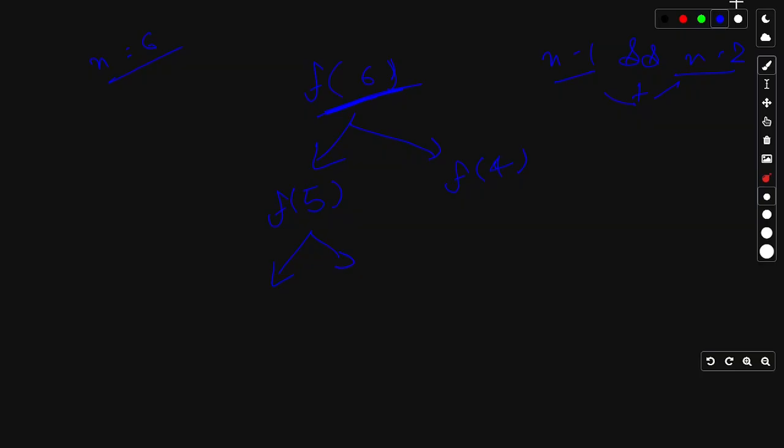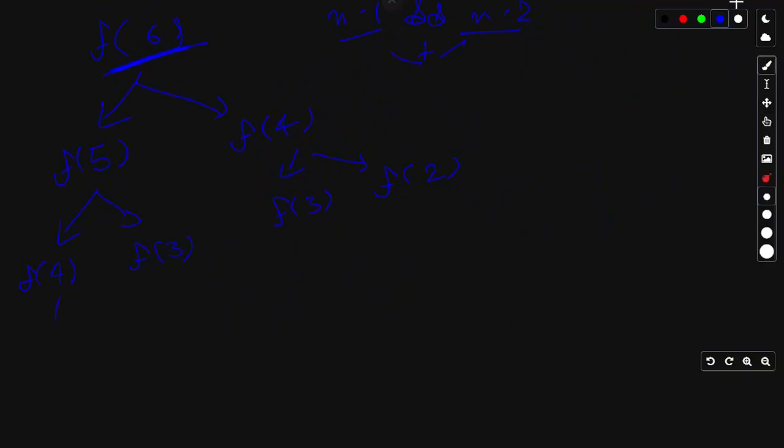and then f of 5 will be solved using f of 4 and f of 3, and f of 4 will be solved using f of 3 and f of 2, right?